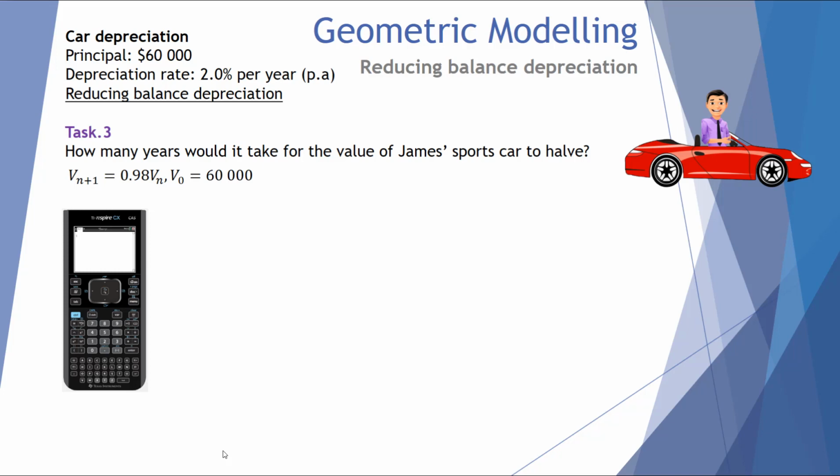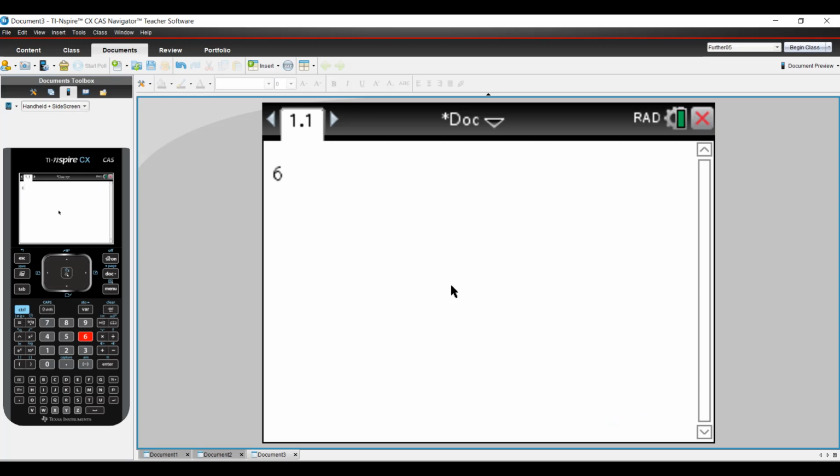Well, again, this would be a lot quicker using the TI Inspire calculator. We start with a vehicle of initial value $60,000. We return that, and then we're going to multiply it by a growth rate or growth factor of 98%, which represents a 2% reduction every year. Let's see how many years it takes to drop down to 30,000.